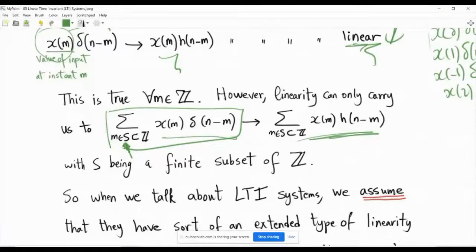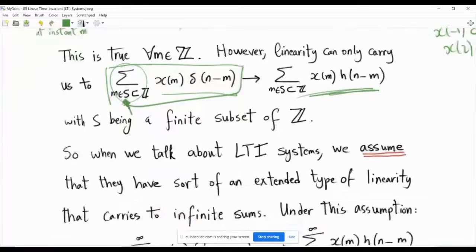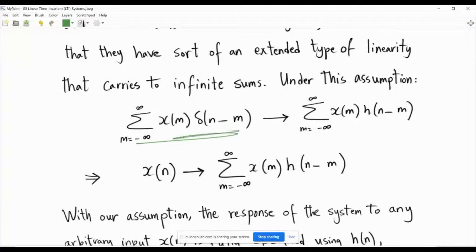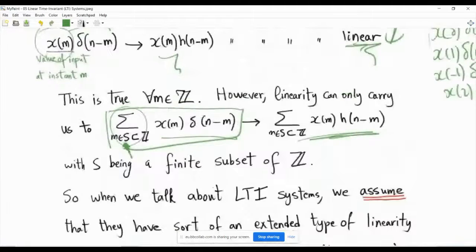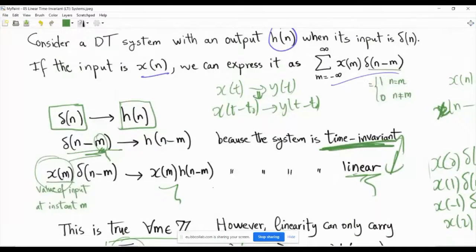If we make this assumption, then we can sum here from minus infinity to infinity. And what is this thing? It's nothing but x of n. So now x of n will produce this output here. So what is the conclusion? For systems that are linear and time invariant, and note that both assumptions are needed, because in the derivation we exploited time invariance to justify going from here to there. Without time invariance, we are not justified in doing this step.